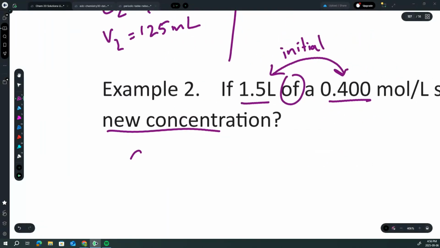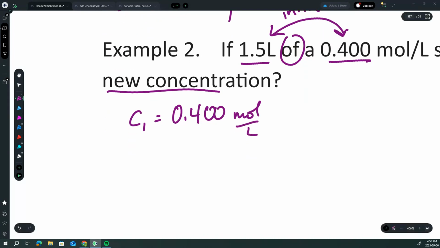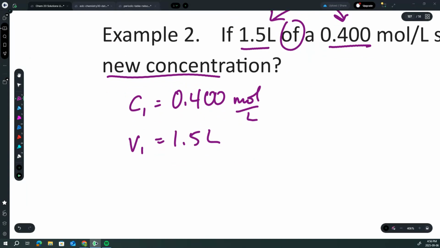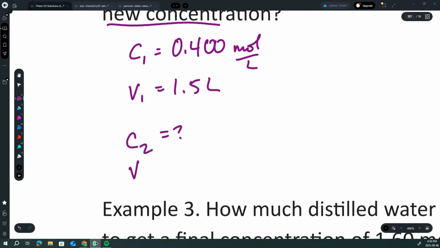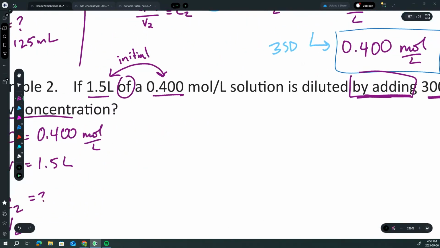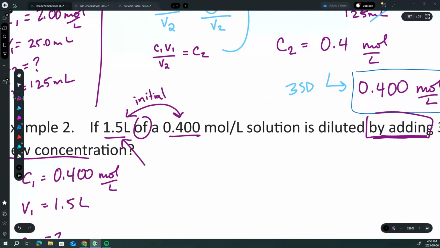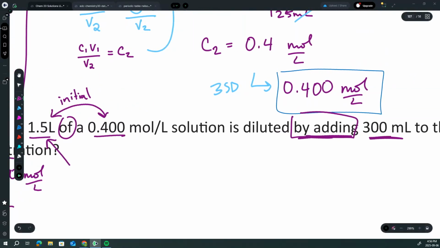Okay, so list of givens. Initial concentration, 0.4. Initial volume, 1.5 liters. C2, we have no clue. V2. All right, so how we're going to figure out our second volume is we're going to take our initial volume and add 300 milliliters.